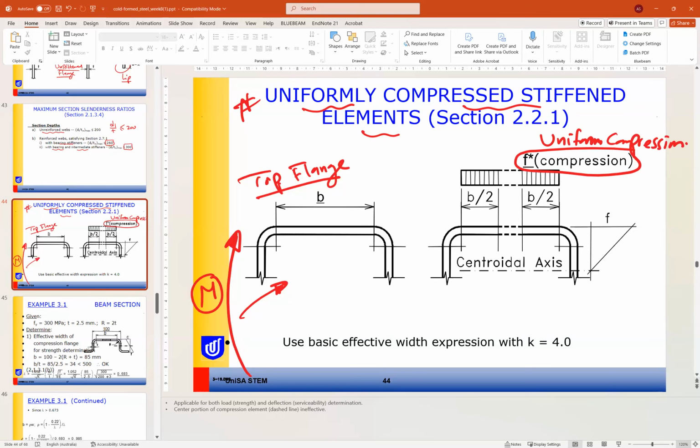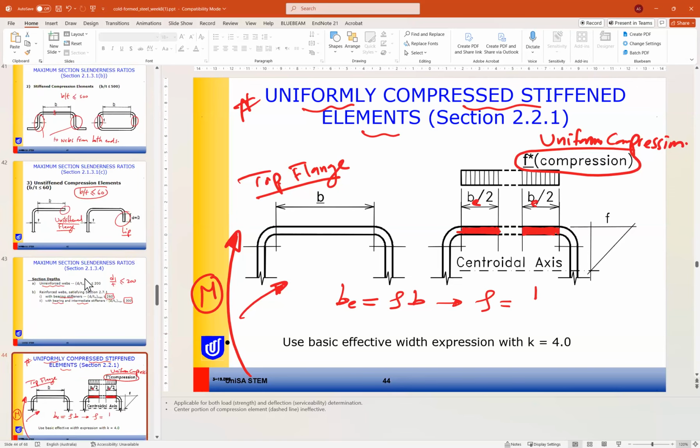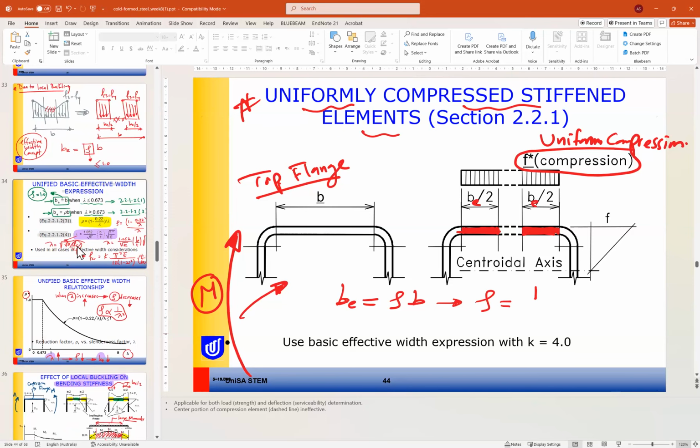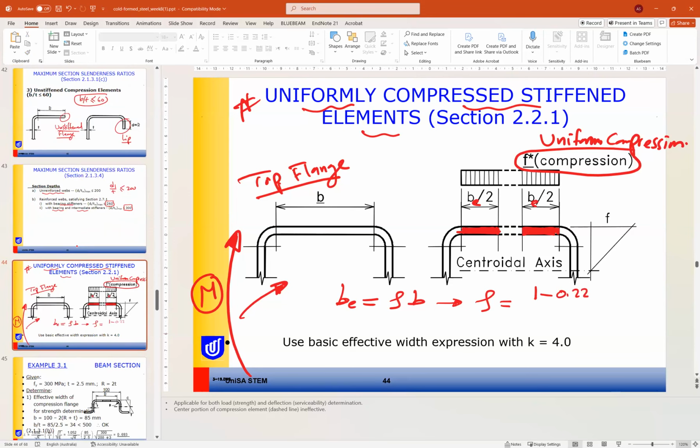Okay, so the effective section for our flange will be this part in red. This part is B effective over 2, B effective over 2. So we have B effective equal to rho times B. Then you need to find rho, equal to 1 minus 0.22 divided by lambda, and divided by lambda.